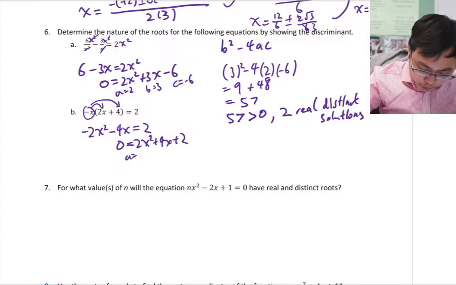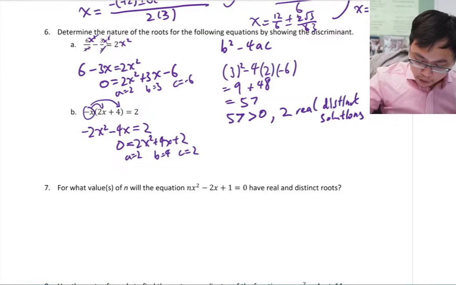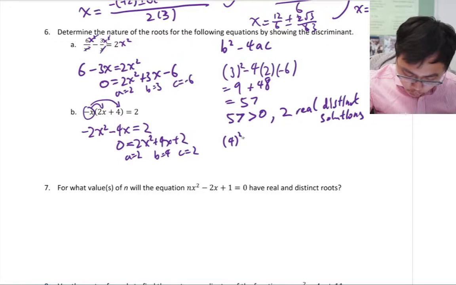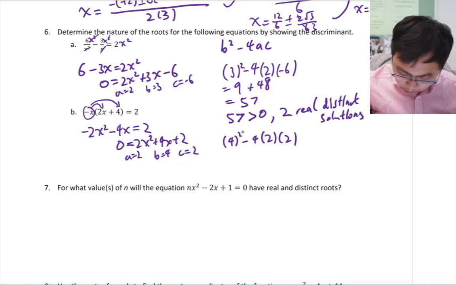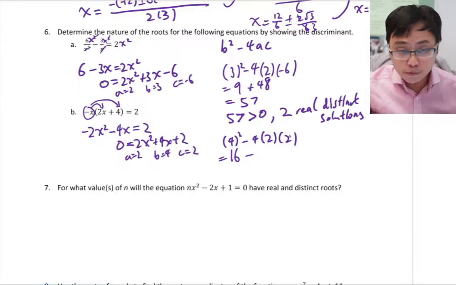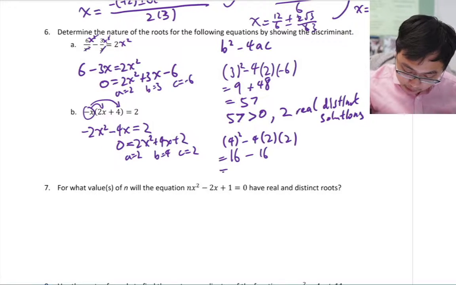Then a is equal to 2, b is equal to 4, and c is equal to 2. Let's put them into our equation: b squared minus 4ac. So that's 4 squared minus 4 times 2 times 2. 4 squared is 16, minus 4 times 2 is 8, 8 times 2 is also 16, so 16 minus 16 is equal to 0.